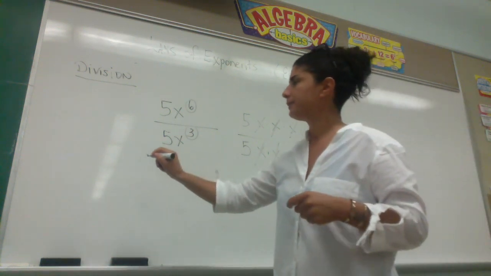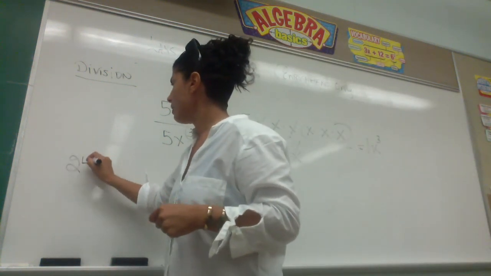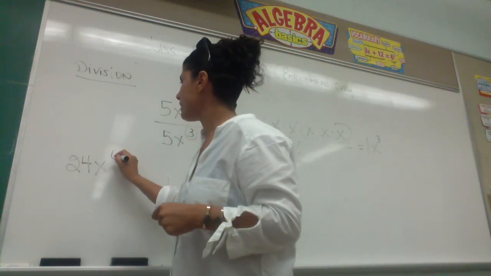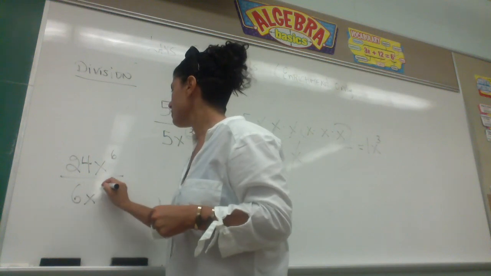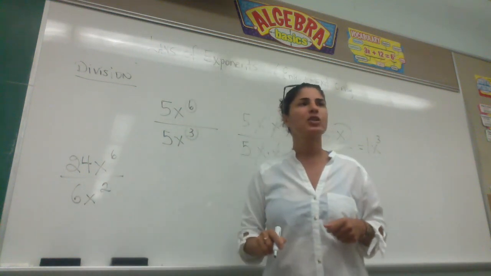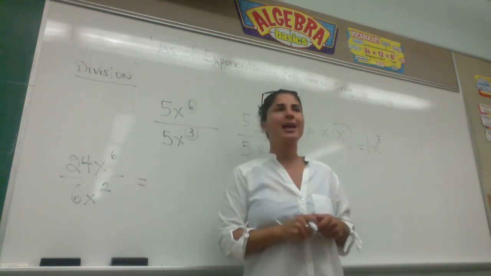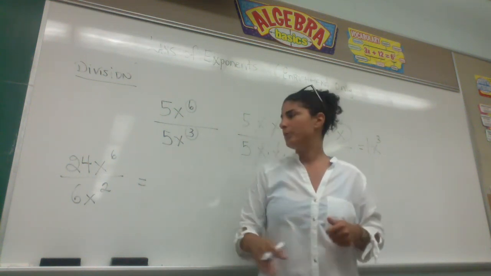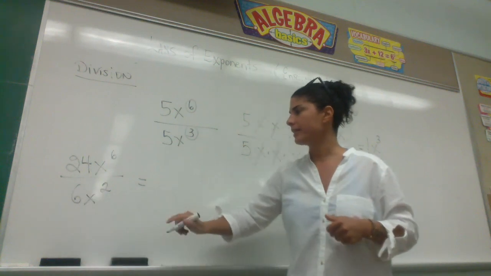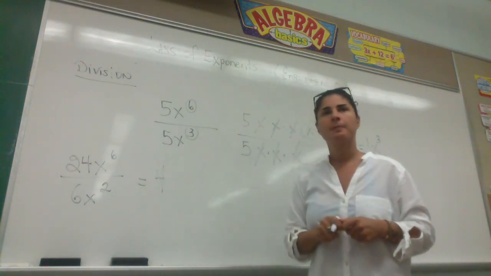Let's try another one. 24 x to the 6 over 6x to the 2, or x squared. My final answer here would be 24 divided by 6 is 4.